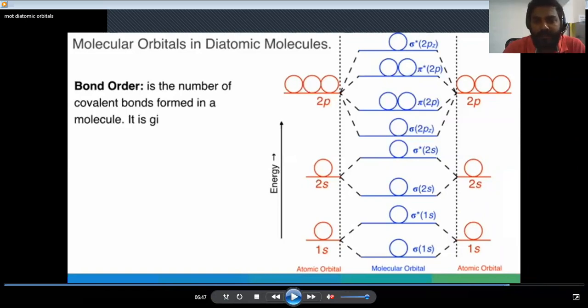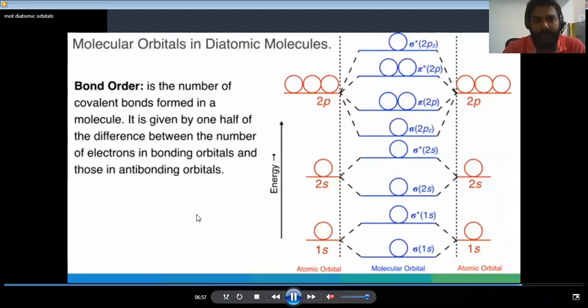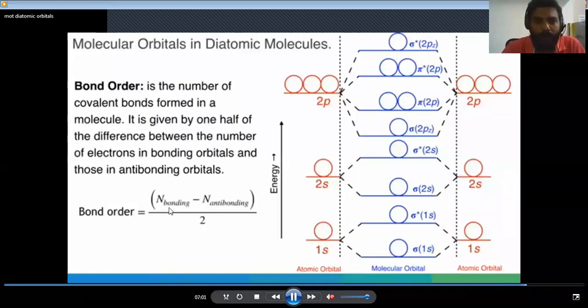We will discuss the other diagram also. This is the bond order calculation. How to calculate bond order? Bond order equals number of bonding electrons minus number of anti-bonding electrons, divided by 2.